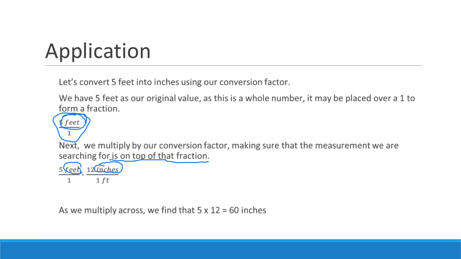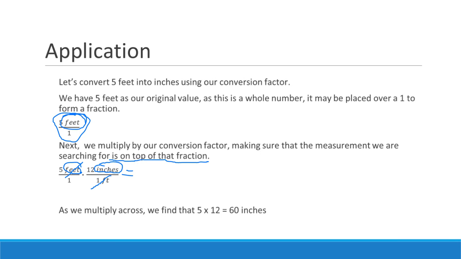Interestingly enough, when feet here and feet here multiply over each other, it's just like having 2 over 2. It cancels out, right? And what we're left with is what doesn't cancel out. So the words themselves almost do a little multiplication, but really you can think about this as what I have on the top of my first fraction, what I want on the top of my second fraction, and multiply that out.